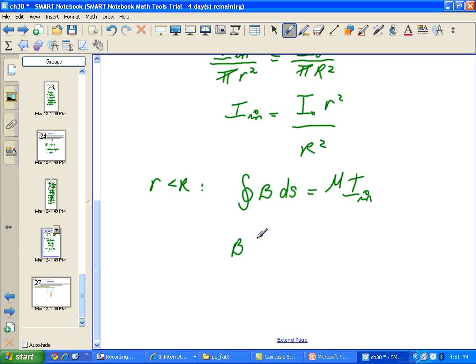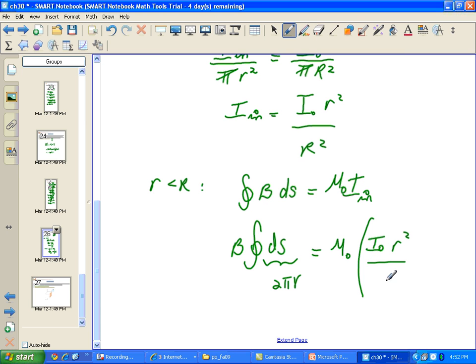Well, we get B times the integral of ds, which is of course 2 pi little r, equals mu naught times I total, or I naught as our book calls it, times r squared divided by capital R squared.